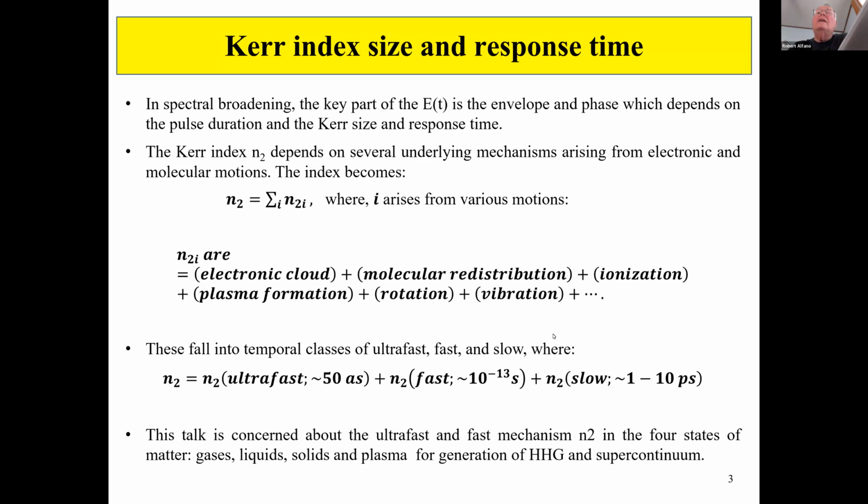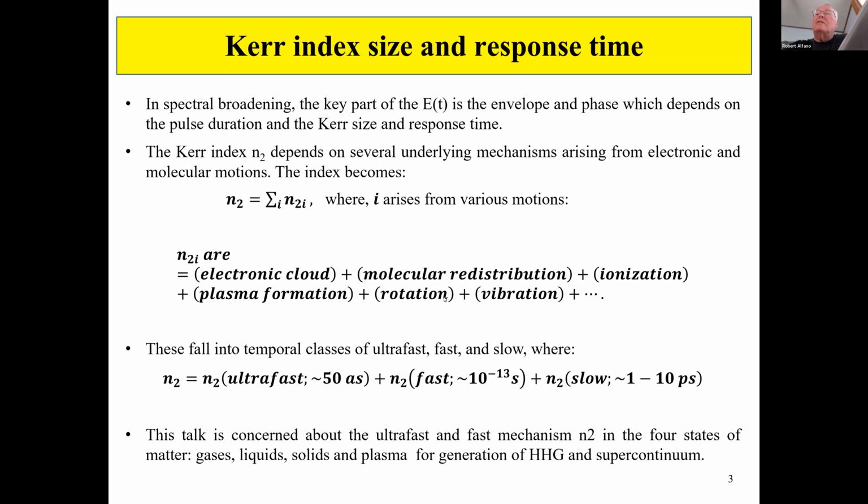The key behind the Kerr index is its size and response time. There are two parts to N2. It can be a sum of different mechanisms. So N2 arises from different types of mechanisms that cause the change in index of refraction. There are electronic cloud, molecular redistribution, ionization, plasma formation, rotation.